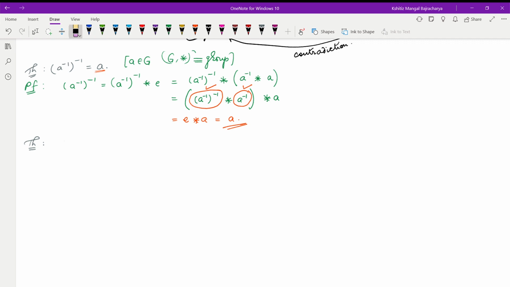All right, if G star is a group, then x star y inverse is equal to y inverse star x inverse. All right, now let's see.